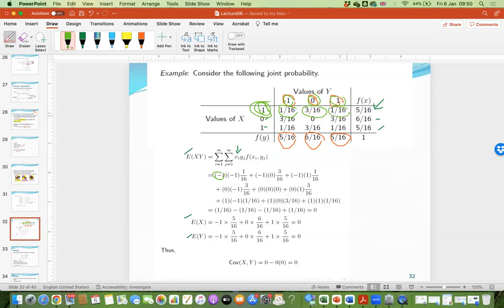You have to do all of these to find it, and the total is 0. And because the covariance is 0, it doesn't mean they are independent.